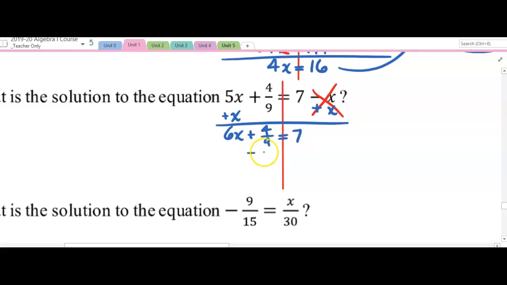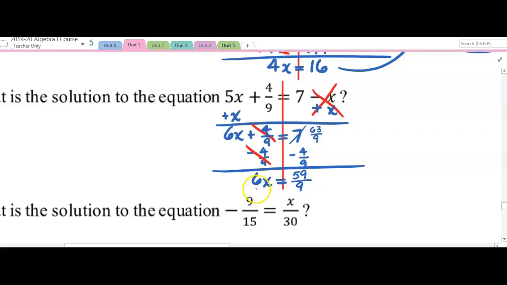Now I'm going to subtract 4/9. 6x is all that's left here because positive 4/9 and negative 4/9 cancel out. 7 could also be known as 63/9. Take away 4/9 gives me 59/9.